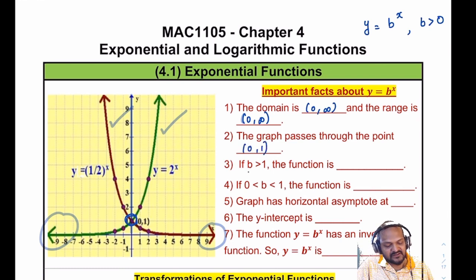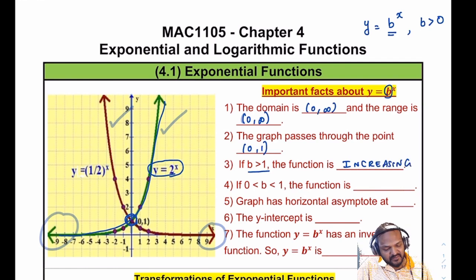If b is greater than 1, as you see in the example y equals 2 to the x, the function goes like that, so the function is increasing.